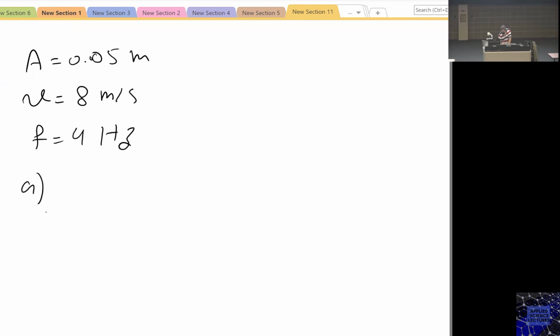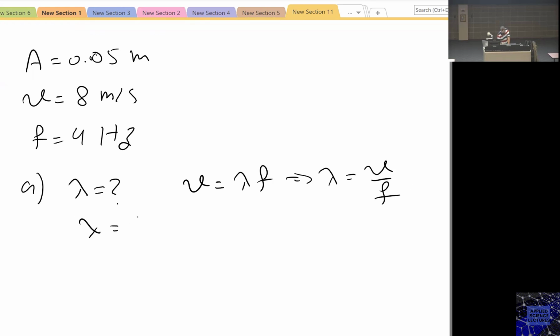I need to calculate the wavelength lambda. So we have the wave velocity, which is v equals lambda f. So lambda is v over f. Lambda is 8 divided by 4. Lambda equals 2 meters.